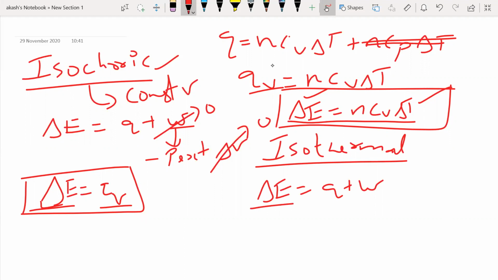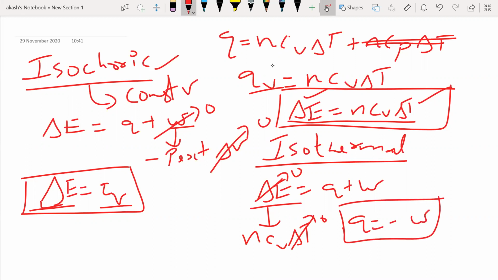And just now we found out delta E is nCV delta T. Now if it's an isothermal process, constant temperature, delta T is 0. So definitely delta E is 0. So Q will be equal to minus W for an isothermal process. This is what happens for an isothermal process: Q is equal to minus W.